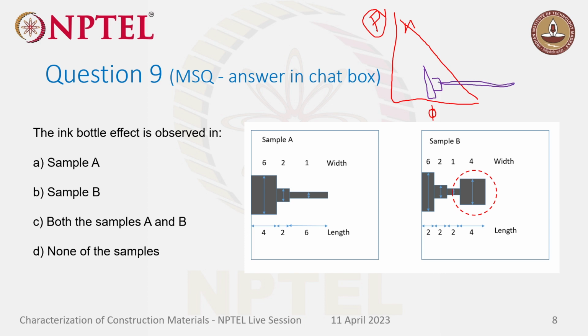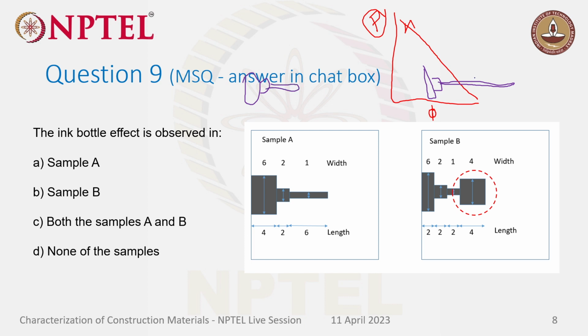Sorry, a long, smaller pore. Okay, I think I'm confusing, but when it comes to sample A, there will be a bigger pore followed by a smaller pore. So this will be interpreted as such.